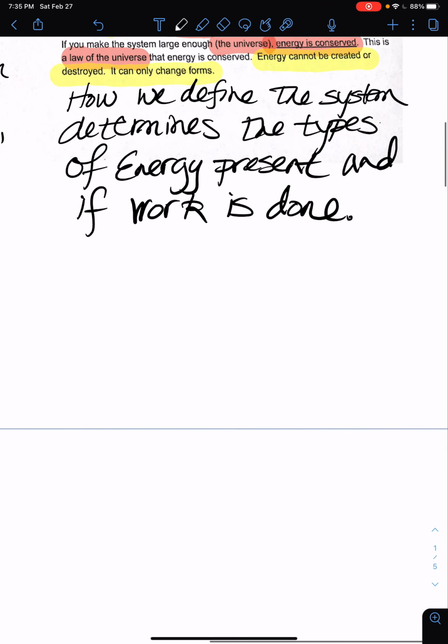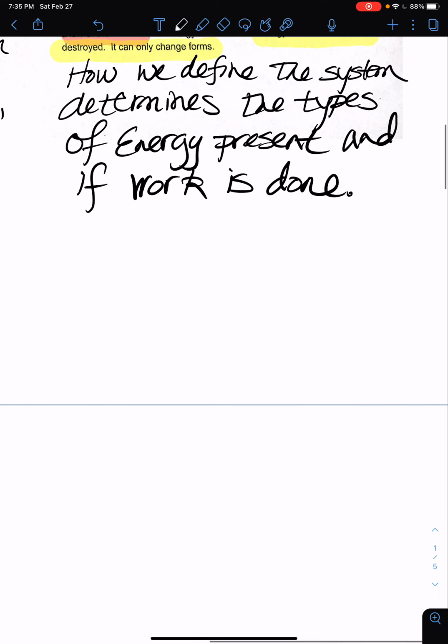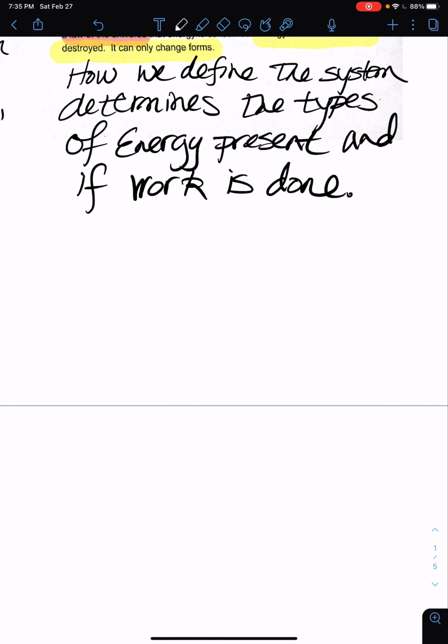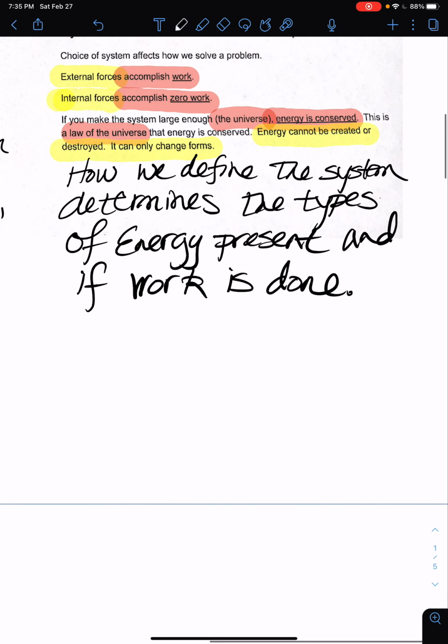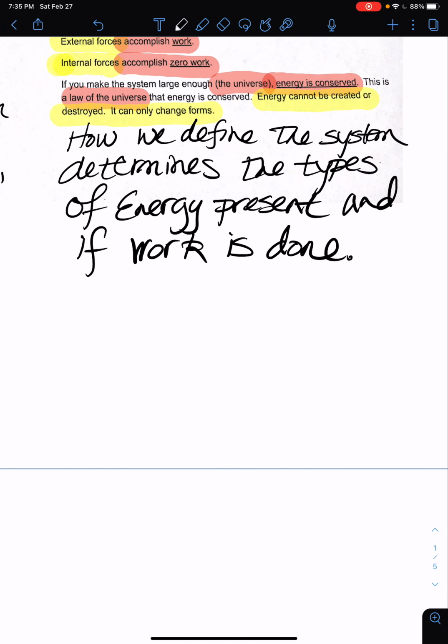Sometimes it goes to a form that isn't usable for you anymore. It's there, but it might be given off in a form that you can't easily get back. So the form of energy determines its usefulness. We'll come back to that, but I can write it down.